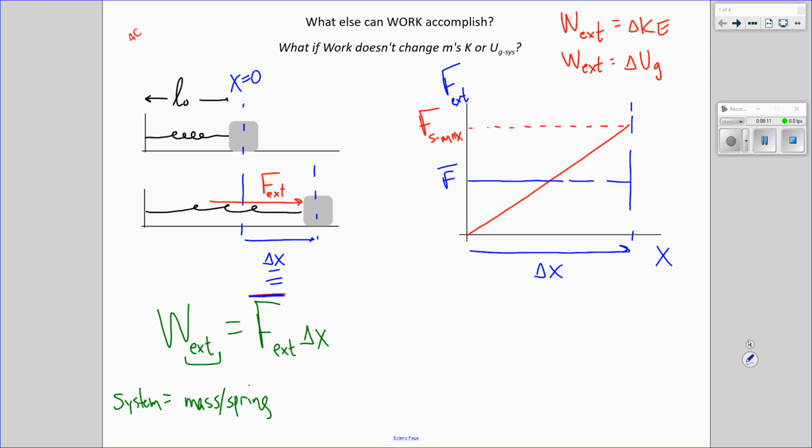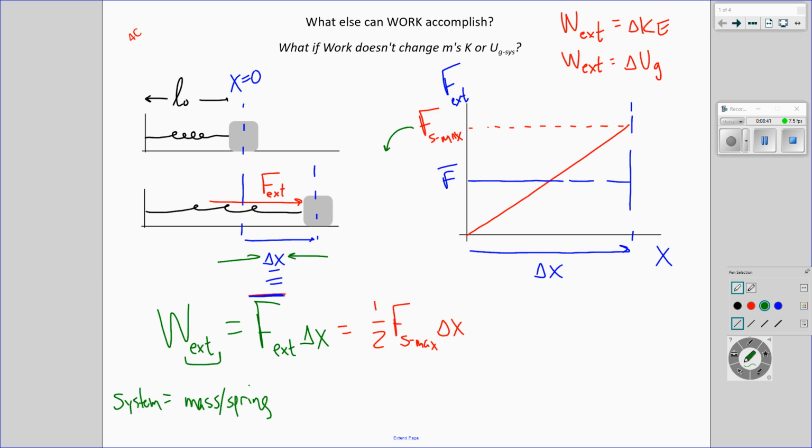So in our case here, that would be 1/2 Fs max, that's our average force, times delta x. Well, what is Fs max? How much force does it take to extend this spring by a distance delta x? Well, guess what? It takes an amount of force, kx.